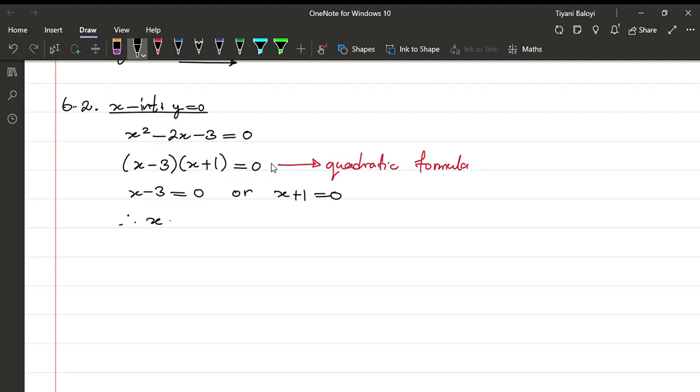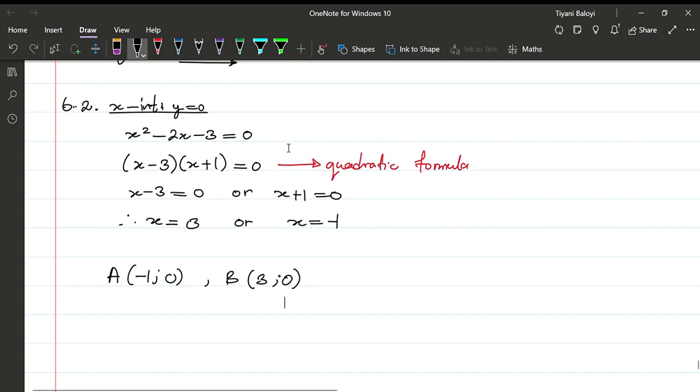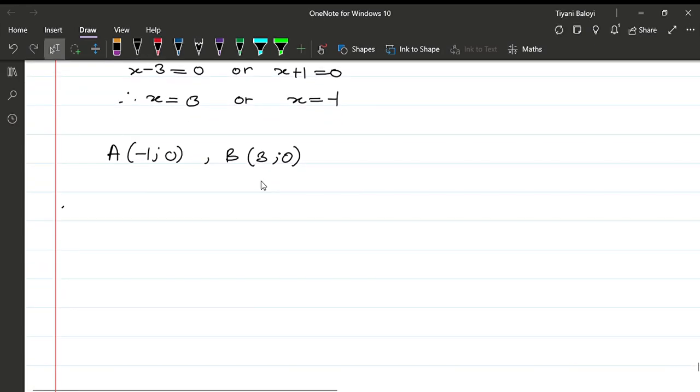Therefore, x is equal to 3, or x is equal to minus 1. So you can tell which one is A and which one is B. So A will be (minus 1; 0), and B will be (3; 0). Those are your coordinates. So let's move to 6.3 very fast.